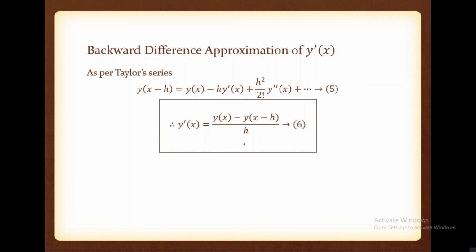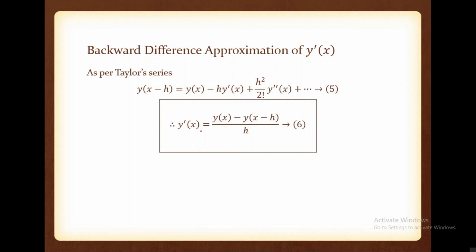So here you can see that y dash of x is calculated by using the current value minus the previous value divided by h. So this numerator is del y of x. So y dash of x is actually del y of x divided by h. As h tends to 0, this is actually differentiation.